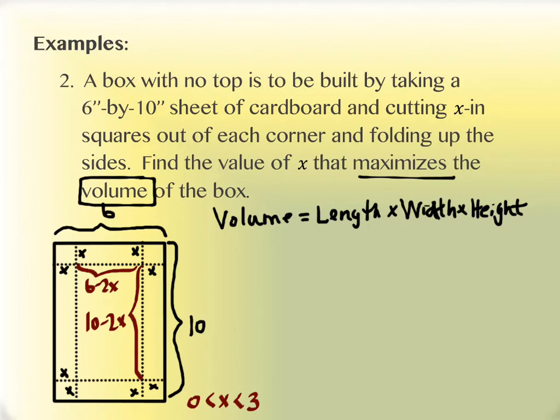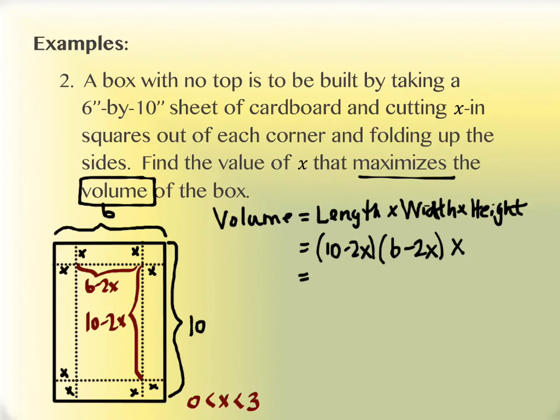We have identified then that our length and our width, respectively, are 10 minus 2x and 6 minus 2x. What's my height? x. That's the corner that gets folded up, right? So our height is x. Now, I know we have product rules, and that's great, but it's going to be a lot easier to just multiply this out. We'll multiply by the x at the end, but let's multiply the two binomials together first.